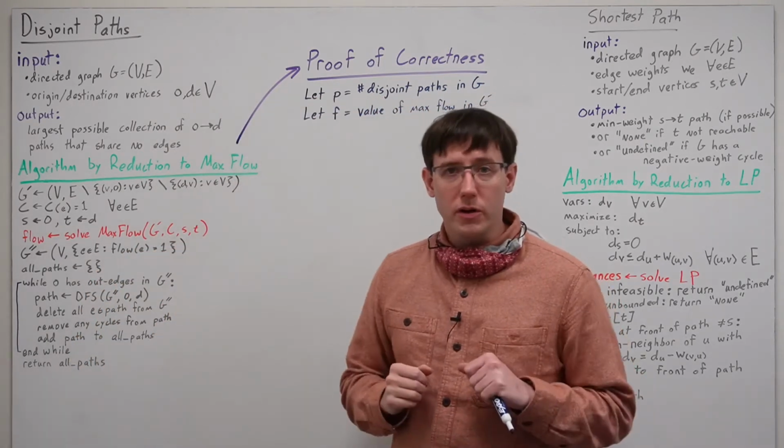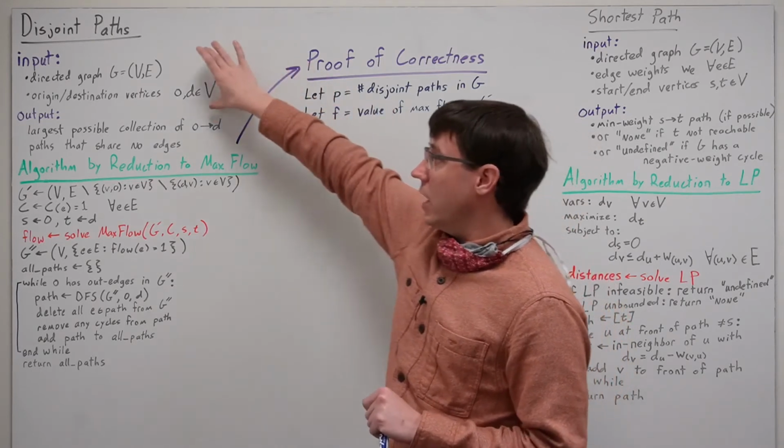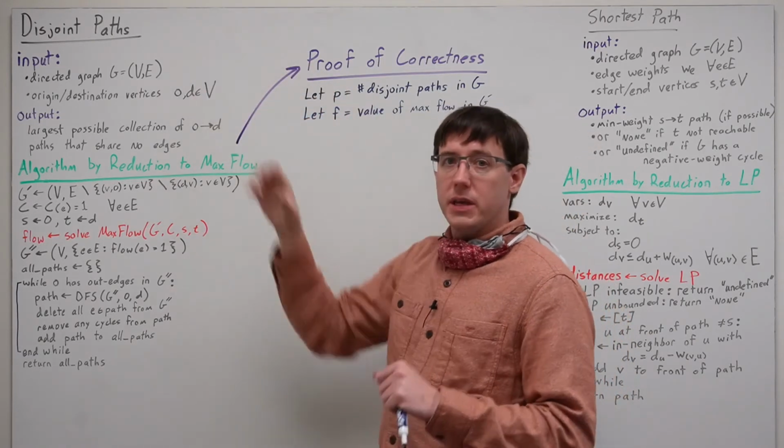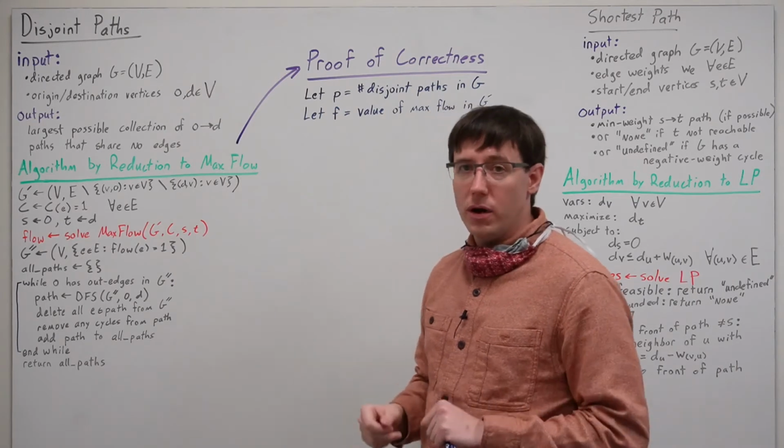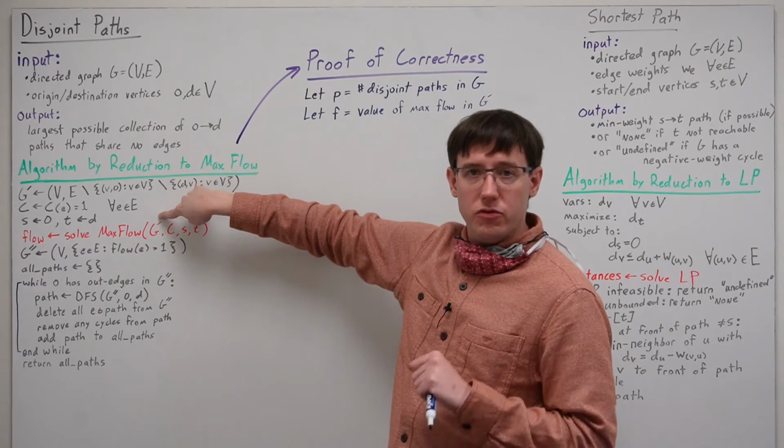So the first thing we want to prove is that the number of disjoint paths in our original graph G is equal to the value of the max flow in our translated graph G prime.